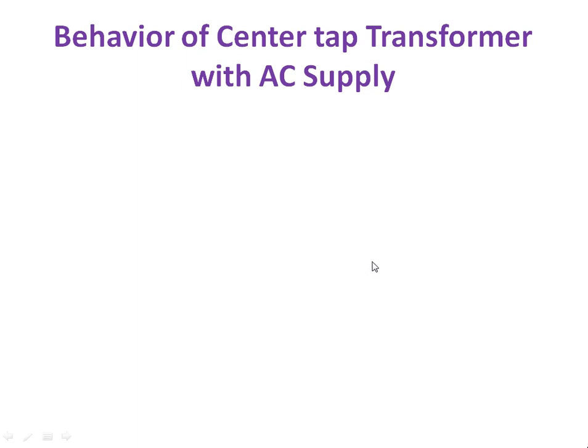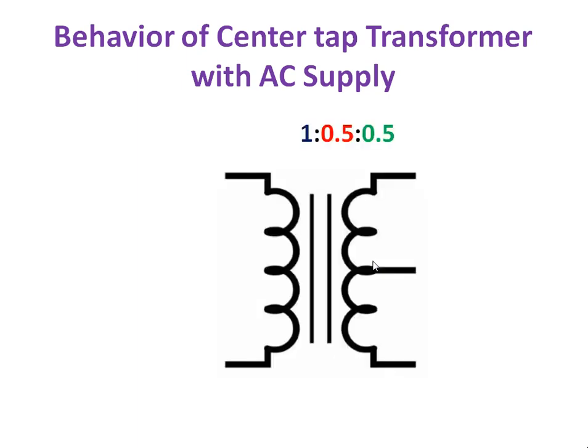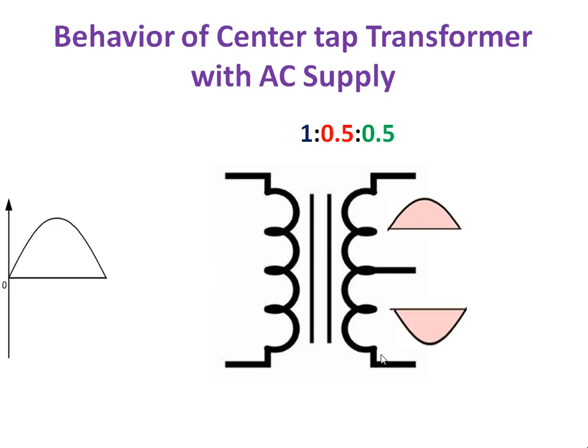So what is the behavior of a center tap transformer with an AC supply? If I apply an AC supply to the center tap transformer, suppose I am applying a positive half cycle, in the top portion I am getting the same positive half cycle, but the magnitude is half of the input voltage. In the bottom portion I am getting this kind of waveform.